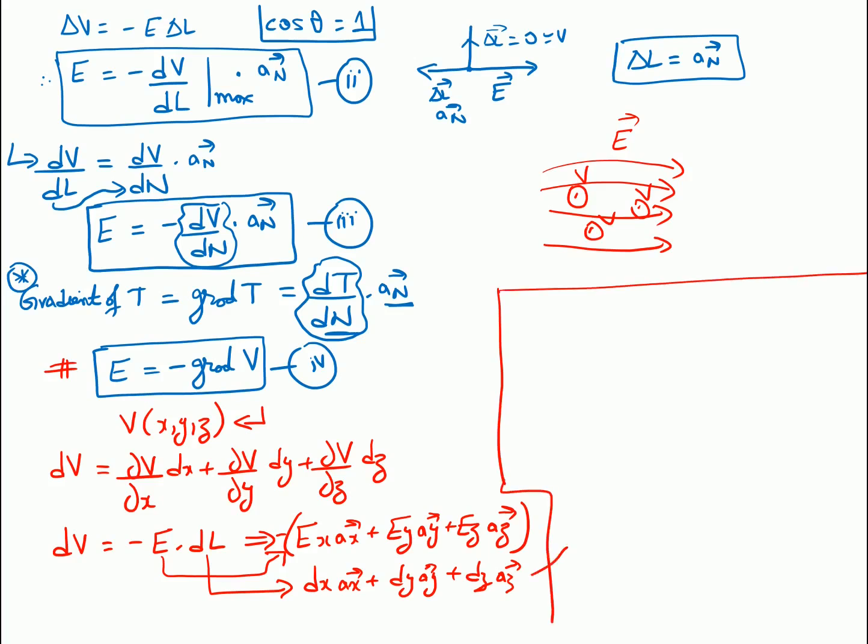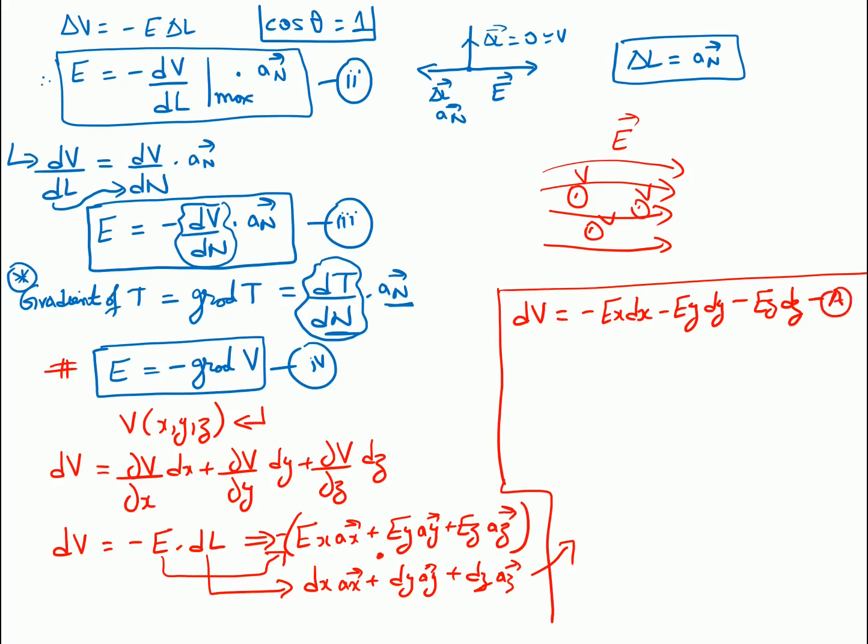If I take the dot product of these two terms for dV, this dV then comes out to be minus E_x dx minus E_y dy minus E_z dz.